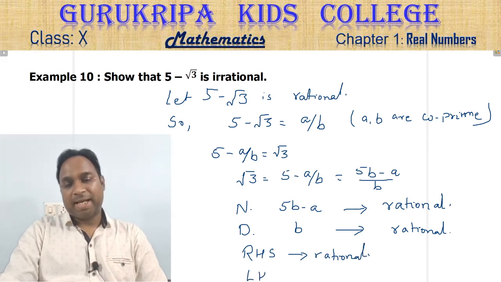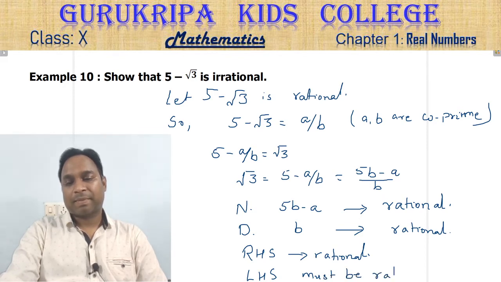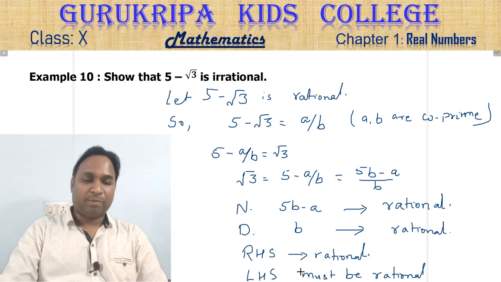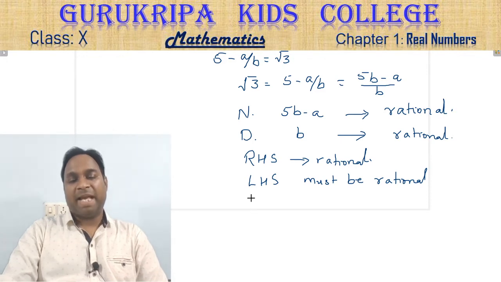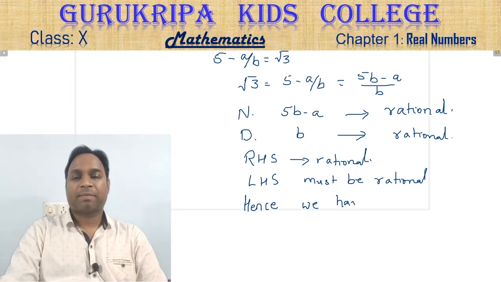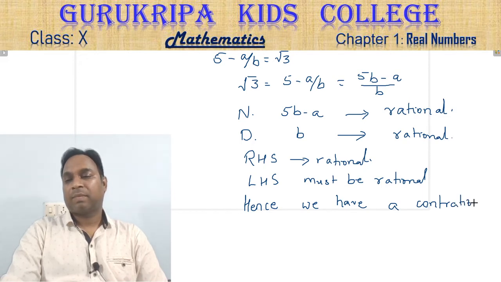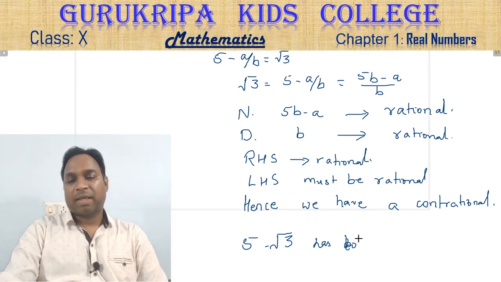RHS is rational means LHS must also be rational, which cannot be true. We already know that square root 3 is irrational. Hence we have a contradiction. That means 5 minus square root 3 has to be irrational.